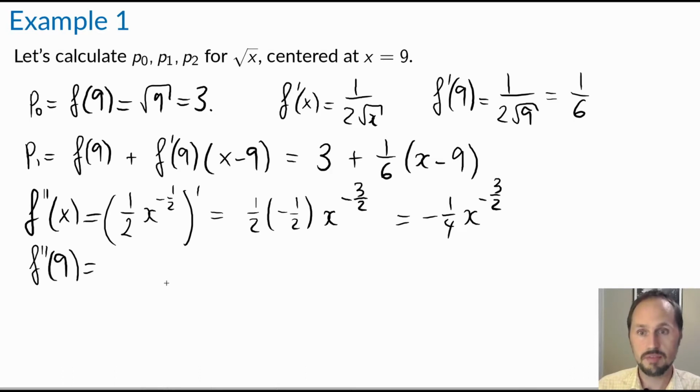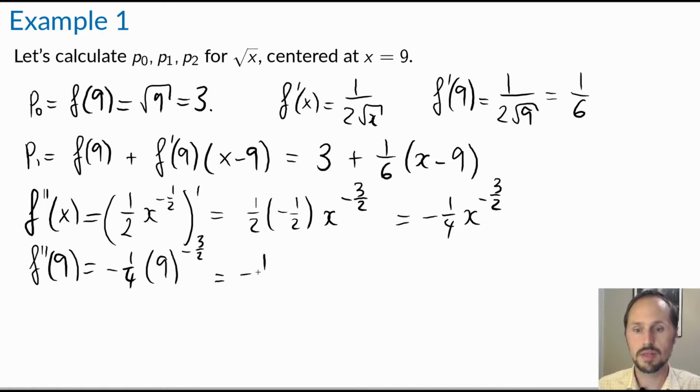So that gives us f double prime evaluated at 9, here we get -1/4 times 9 to the -3/2. So that's -1/4, well, the square root of 9 is 3.